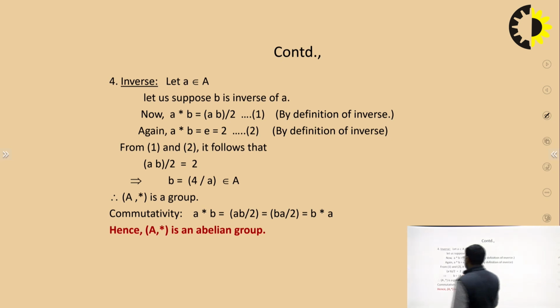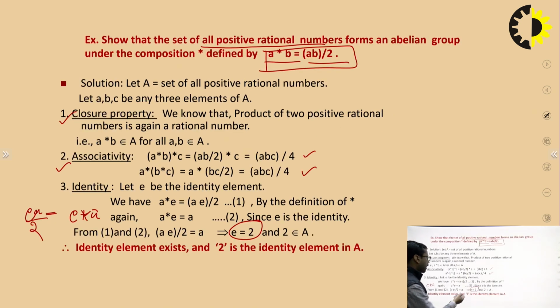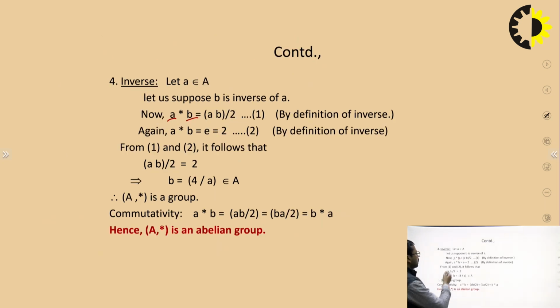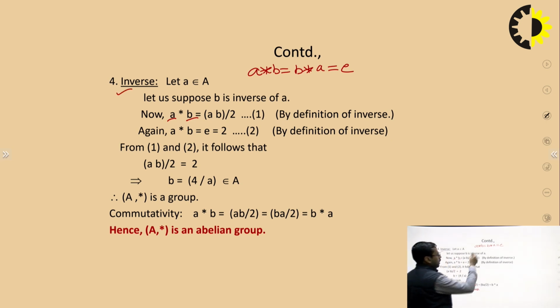Here b is the inverse value of the element a. From the last step we calculated the identity element 2. So here we use the term a star b equal to b star a equal to e. Actually this is the property from the inverse law, where a is the element and b is the inverse value of the element a, and e is the identity element.